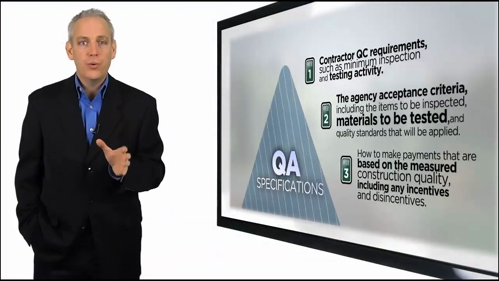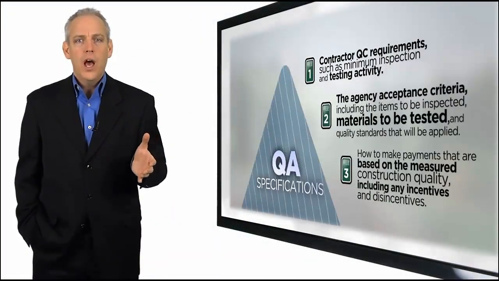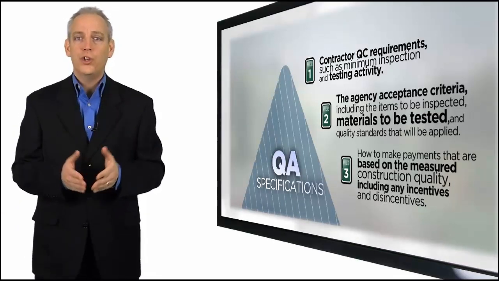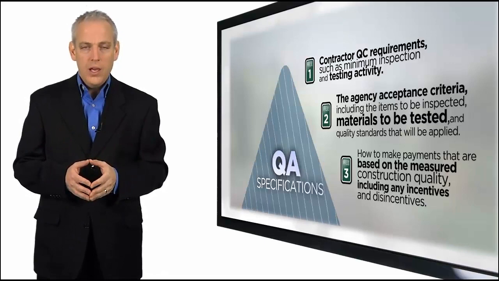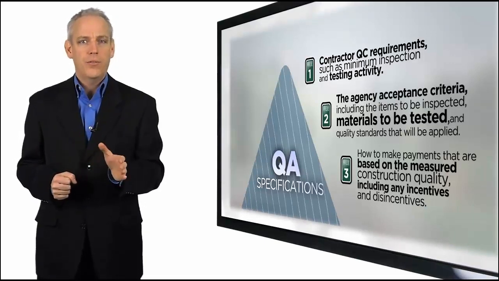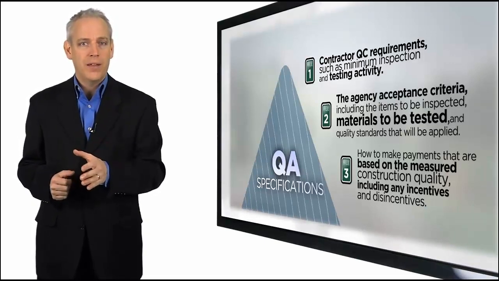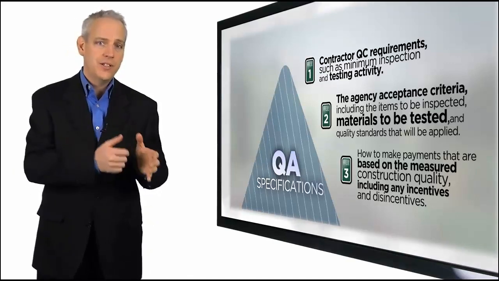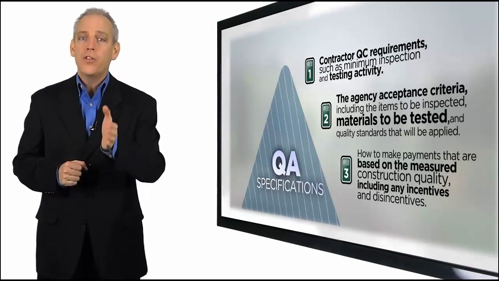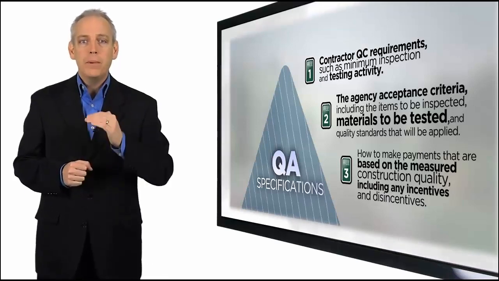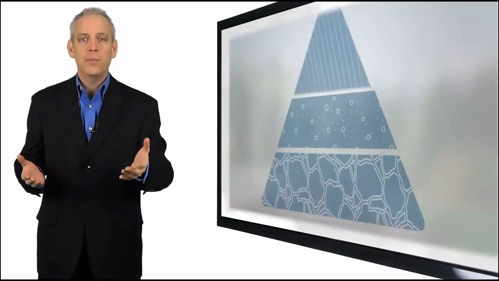Let's summarize and review what we have covered. Construction quality assurance, or QA, is built on key principles accepted nationally. QA is an umbrella term covering both quality control activities by the contractor and agency acceptance activities. Successful QA implementation has 3 major components that build upon one another, like the tiers of a pyramid.